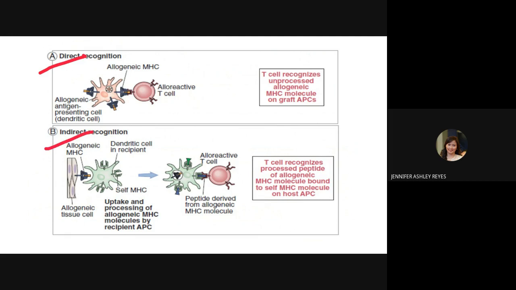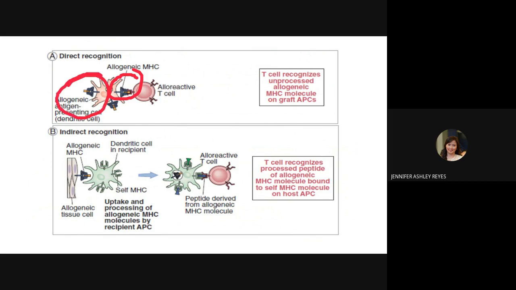Pag sinabi nating direct pathway, ito, direct recognition, the T cells of the transplant recipient will recognize allogenic MHC molecules on the surface of the APCs in the graft. So, ito yung allogenic MHC molecules that are presented by the allogenic APCs.